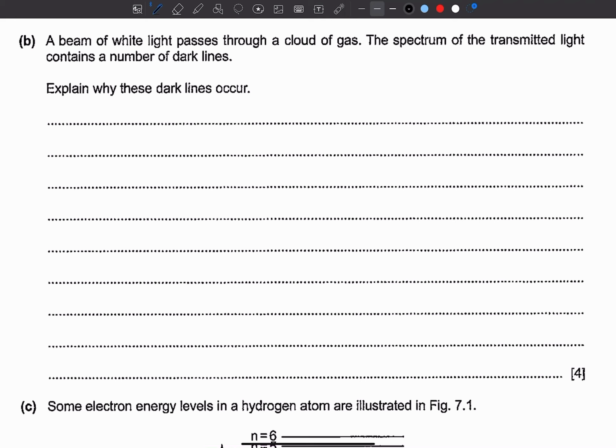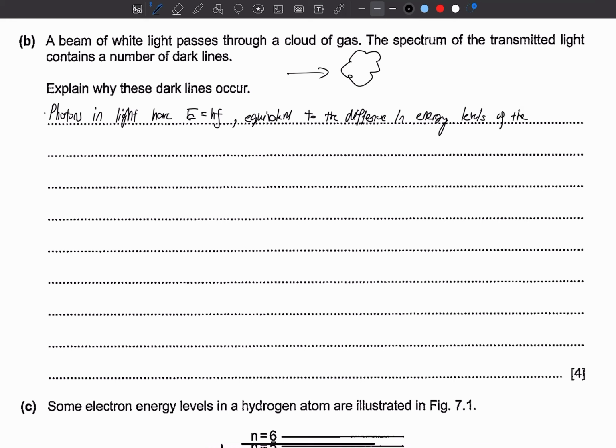When the beam of white light is incident on the gas, some of the photons in the white light have an energy hf, which is equivalent to the difference in energy level of the gas atoms.